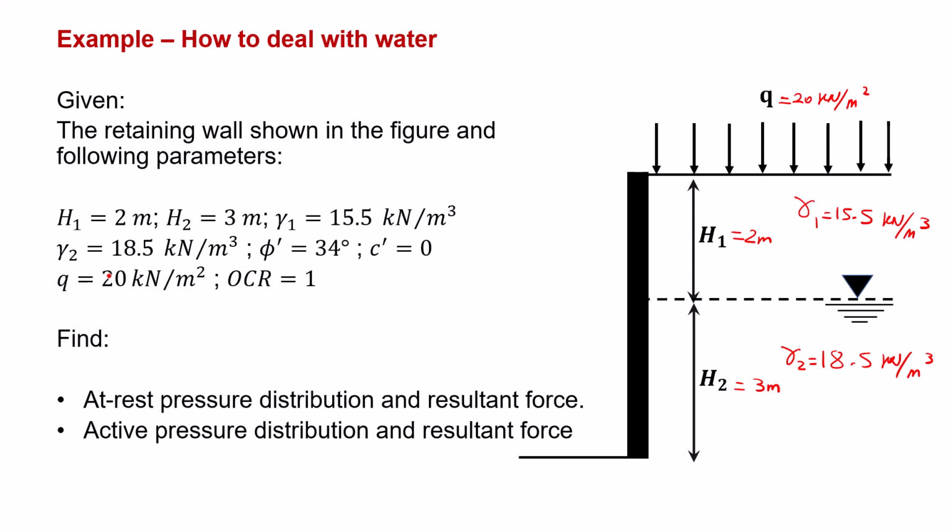The soil is normally consolidated and OCR is equal to 1. The soil is granular with phi prime of 34 degrees, and definitely C prime would be 0 since the soil is granular. We should find at rest and active pressure distribution and also the resultant force.